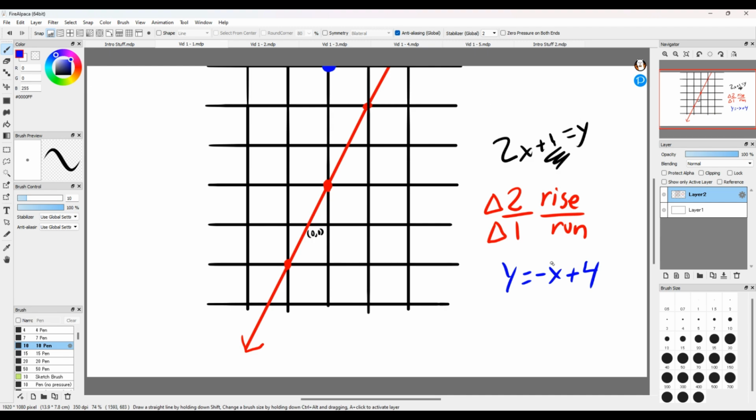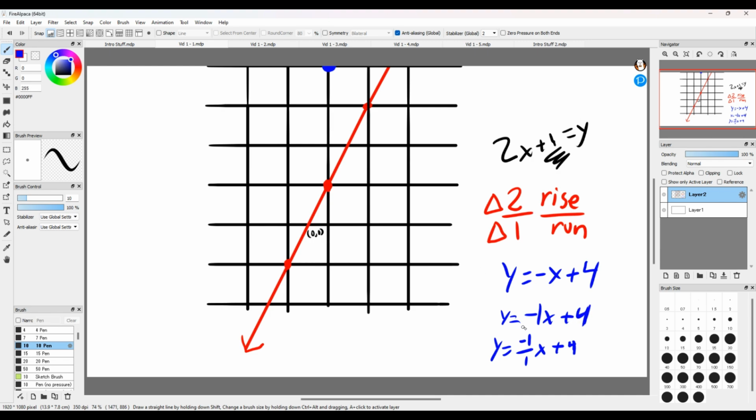And this is a negative x. So really it's negative 1x plus 4, because negative x is the same thing as negative 1 times x. So that can be written as y equals negative 1 over 1 x plus 4. That's 4 on y.